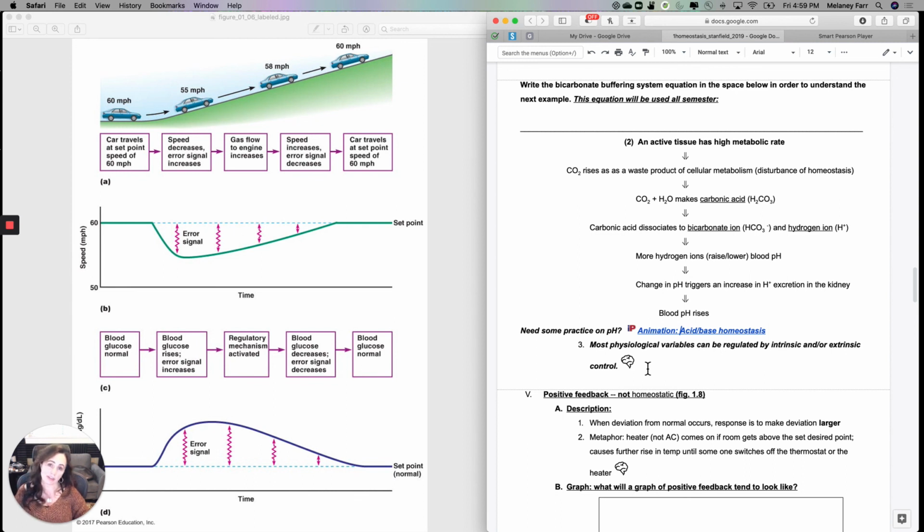And then if that fails, quite often you have the capacity to try an extrinsic regulatory mechanism. Okay, we will see as sort of a theme in human physiology that the body tends to try to do the cheapest, fastest thing first. Okay, we'll stop there.